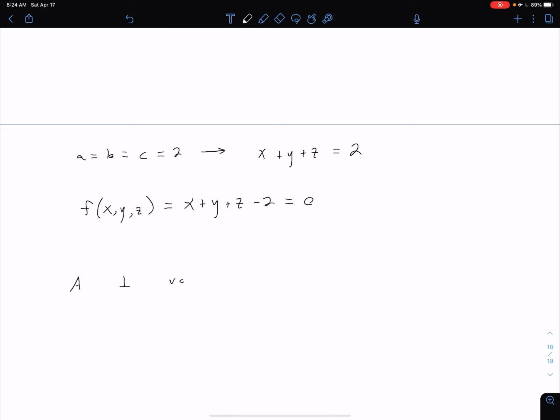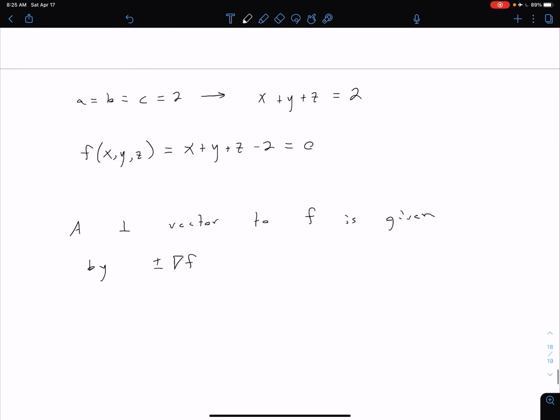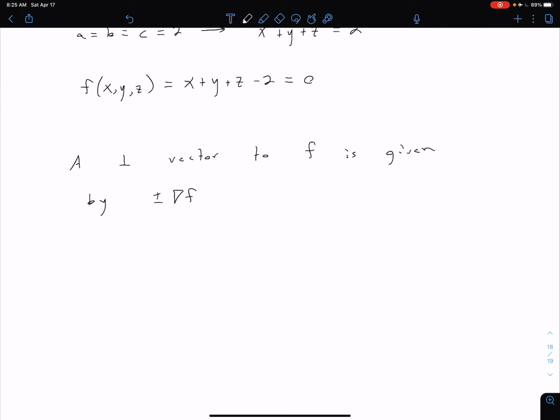A perpendicular vector to our plane f is in general given by plus or minus gradient of f. And so then if we want a unit normal, our unit normal vector is just going to be plus or minus gradient of f divided by the magnitude of the gradient of f.